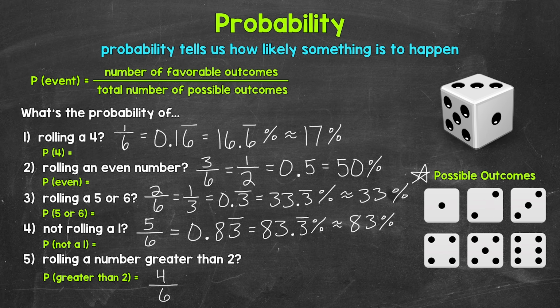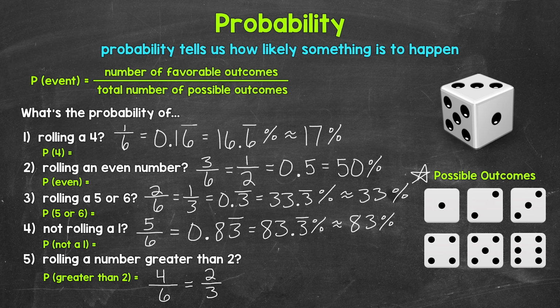We have a 4 out of 6 chance of rolling a number greater than 2. Now this fraction can be simplified. We have a common factor of 2 that we can divide 4 and 6 by in order to simplify. 4 divided by 2 is 2, and 6 divided by 2 is 3. This simplifies to 2/3. So either of these fractions will work.